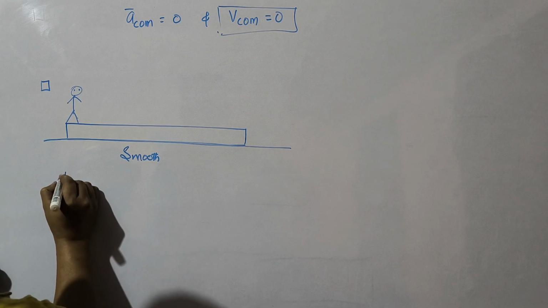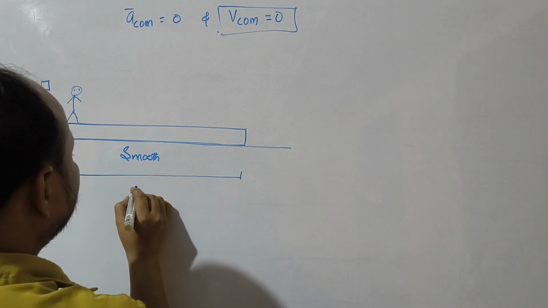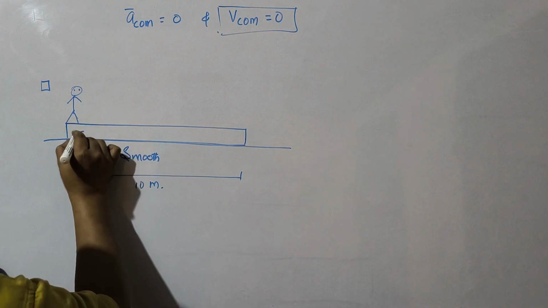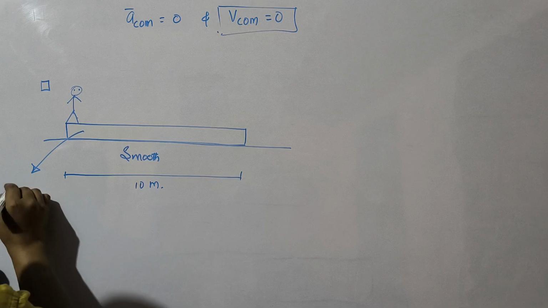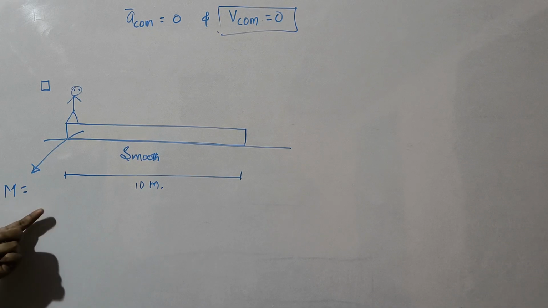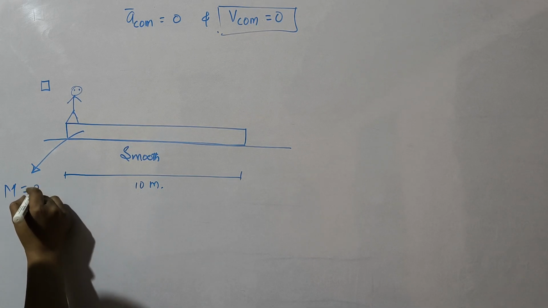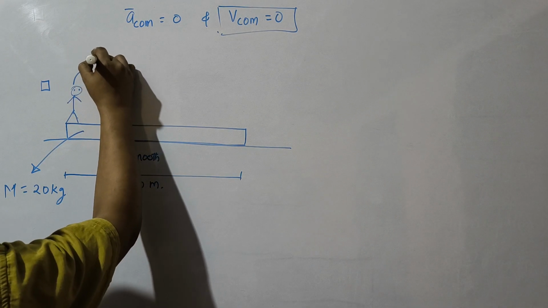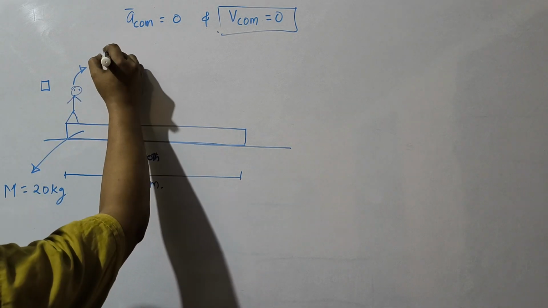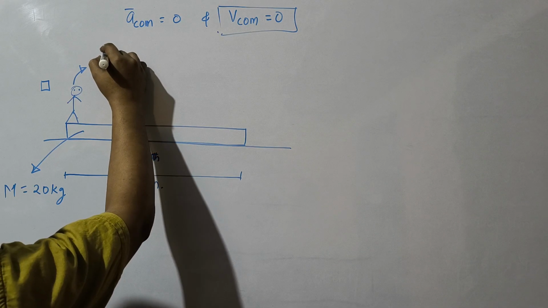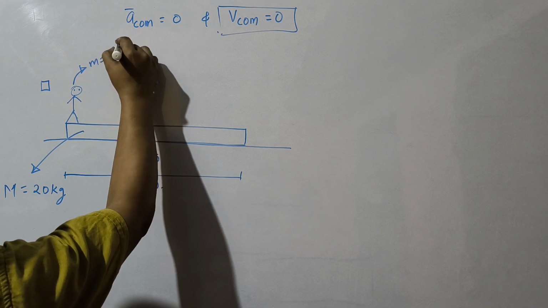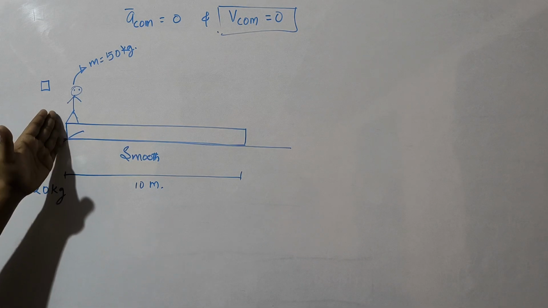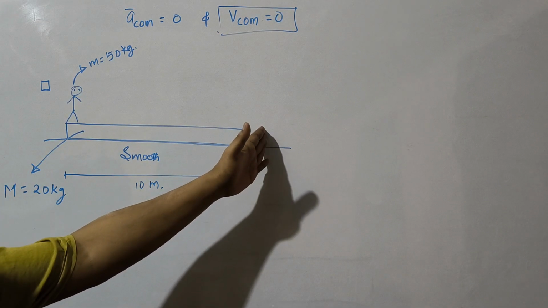Let's say the length of the plank is 10 meter. The mass of the plank, capital M, is 20 kg. The mass of the person, small m, is 50 kg.